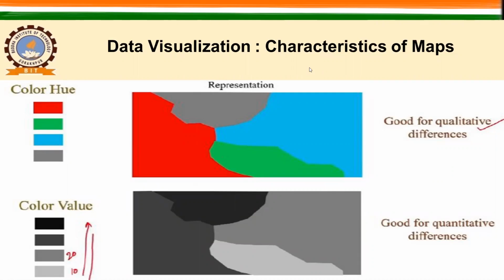So you can see here this is also for the qualitative analysis. Then the color value here you can use to represent your quantitative data. So like this may be 10, this may be 20, or in a scale you can put how it is changing, right? So the next is the color intensity, right? So next is the color intensity.